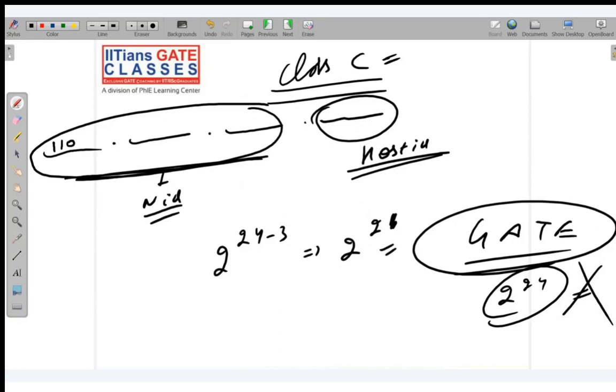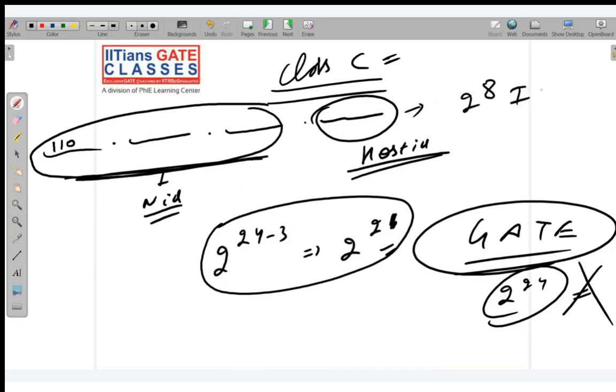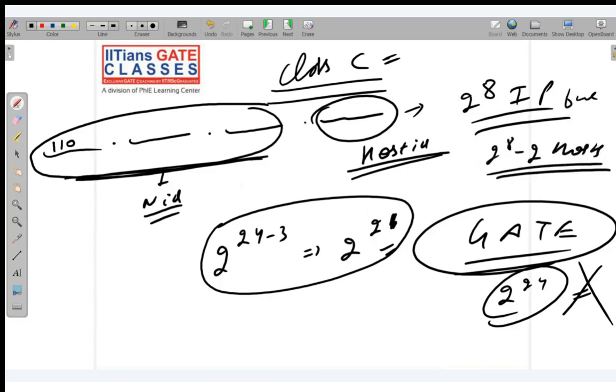Please write this down properly. Class C IP addresses can be given to 2 power 24 minus 3, that is 2 power 21 different organizations, and each organization can have 2 power 8 IP addresses, that is 256 IP addresses.